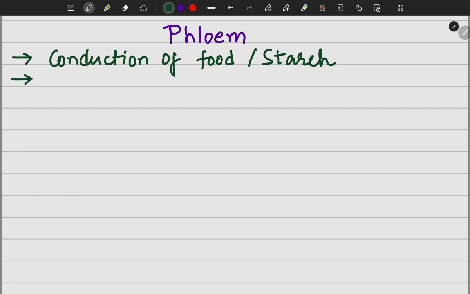And the conduction in phloem is bidirectional. That means it can conduct the food or the starch both towards the upper side of the plant, that is from roots to the leaves.